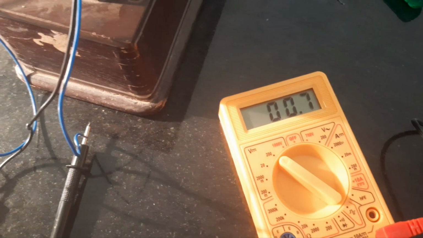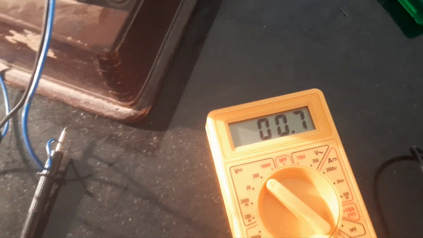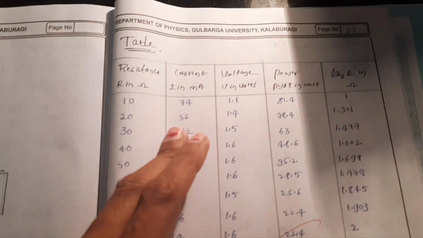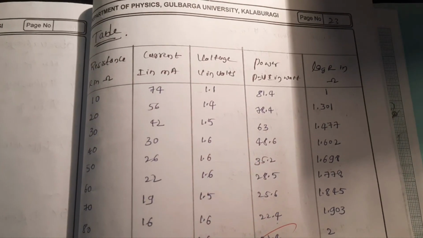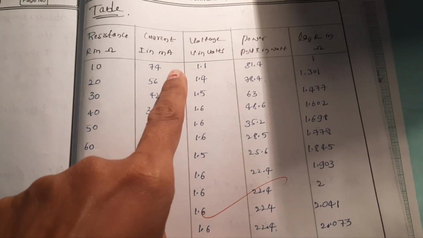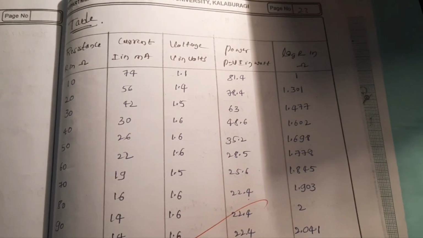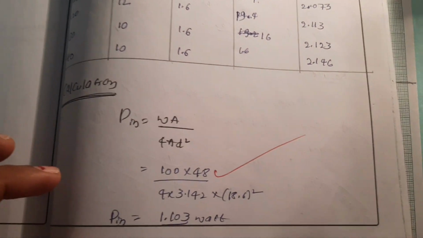For the next resistance, the voltage is now 0.7. Like that, you have to apply the resistance in increasing order and note down the current and voltage, calculate power and take the log of R, then go for the calculation.